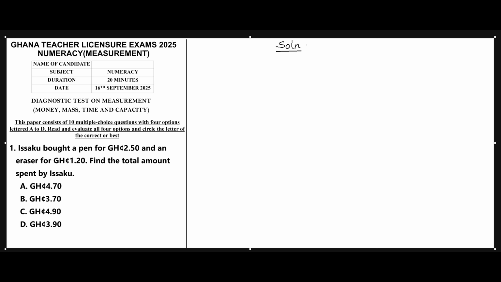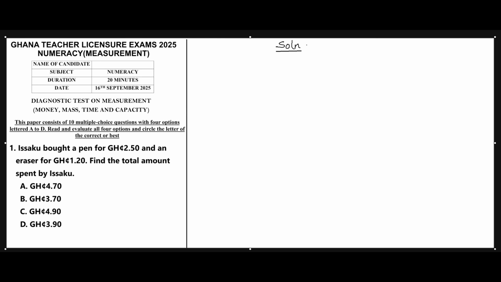Under measurement, we are looking at these subtopics: measurement of money, measurement of mass, measurement of time, and capacity. We have 10 multiple choice questions in this particular test, and these questions have carefully been selected to cover these sub areas under measurement.